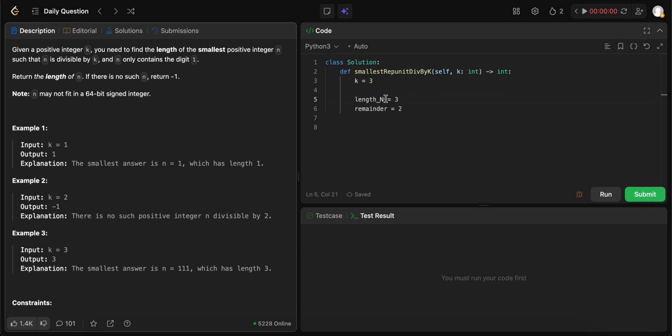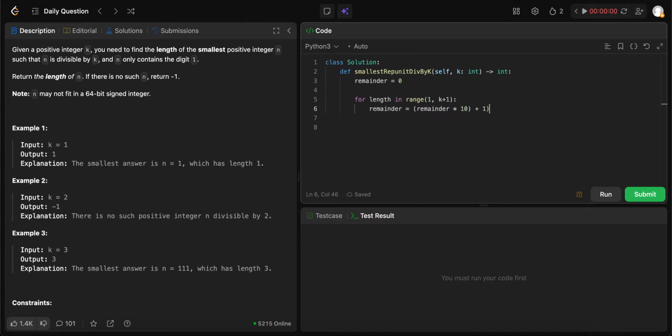All right, let's see if I can actually code this. So the remainder is 0. This is for length in range 1 to k plus 1. So we'll do remainder times 10 plus 1.